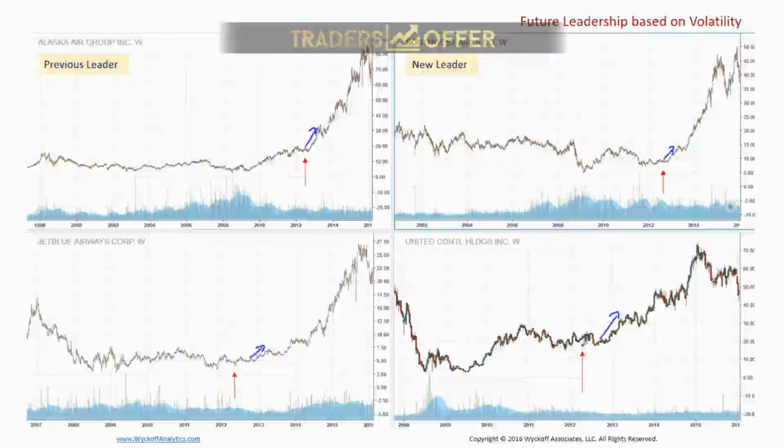We are basically barely, and I should be using 2012 as the point of reference, barely coming above the 2012 highs here for United. We are doing the same thing here with JetBlue.